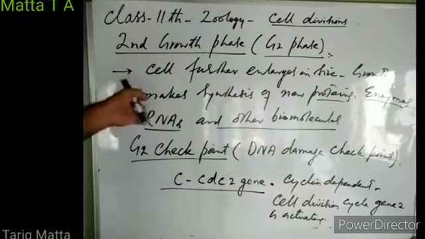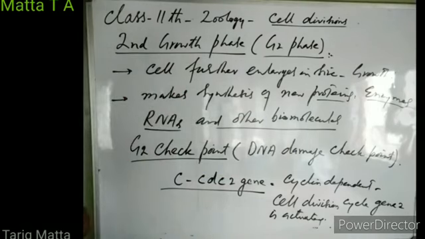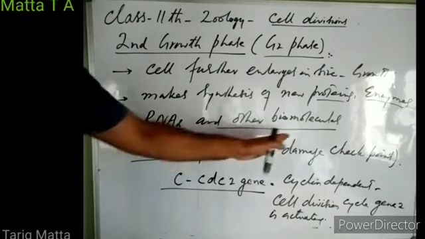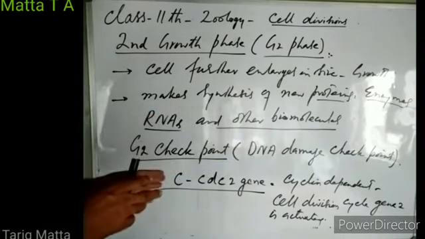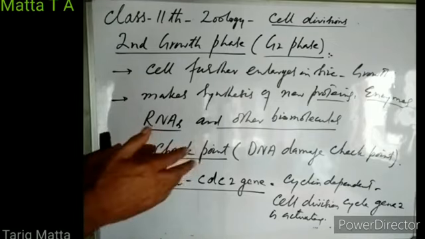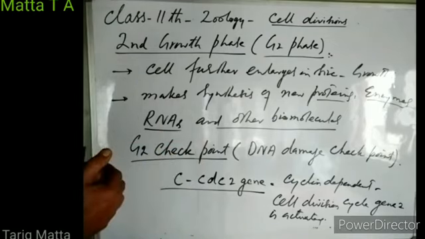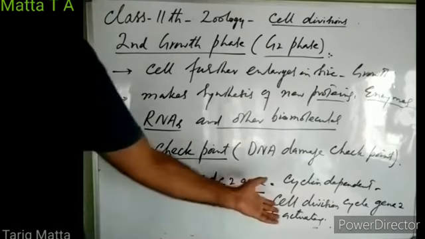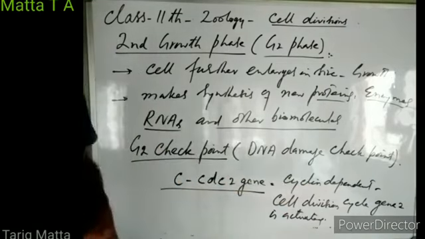So before the cell enters into mitotic phase or meiotic phase, it has to pass through this G2 checkpoint or DNA damage checkpoint. At this checkpoint, it is ensured that in the process of replication, no damage was caused to the DNA, right? So a series of enzymes is activated. Cyclin-dependent cell division cycle gene 2 is activated.